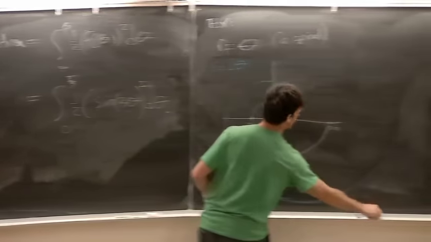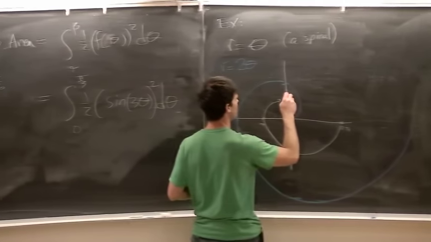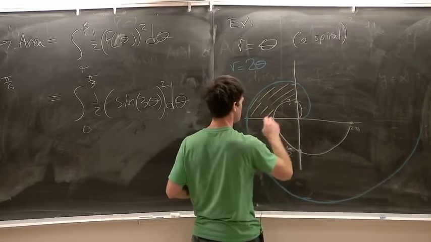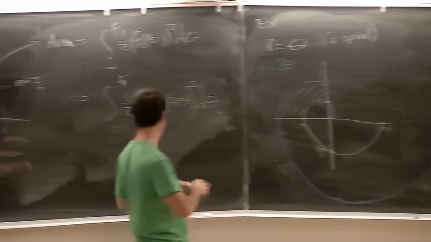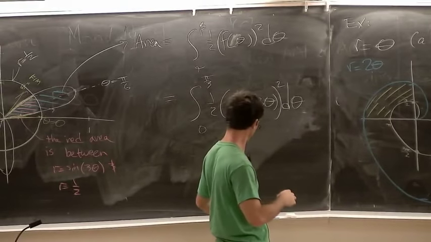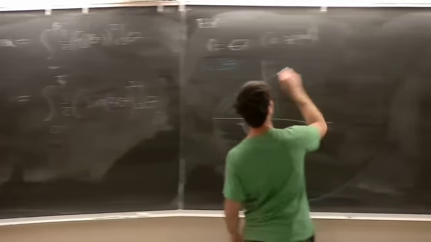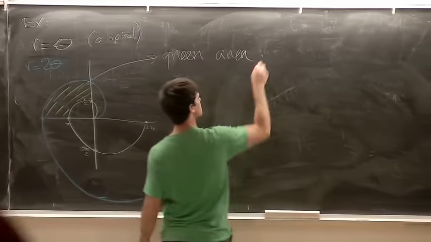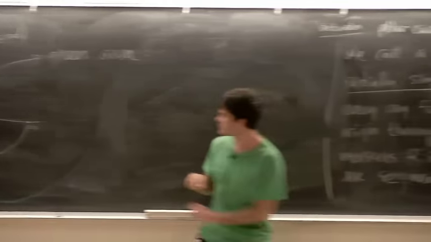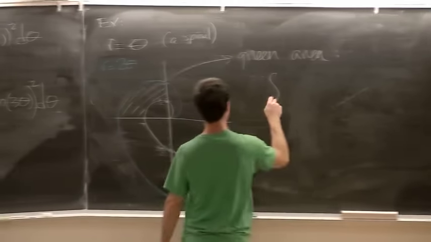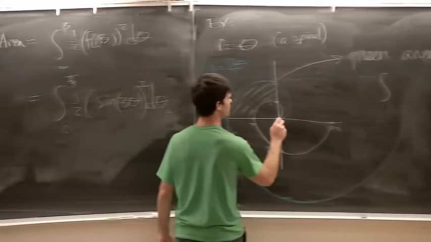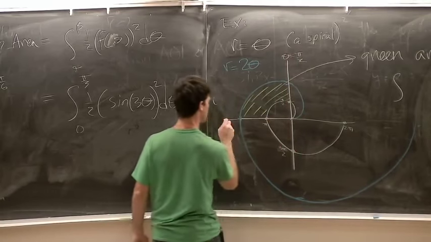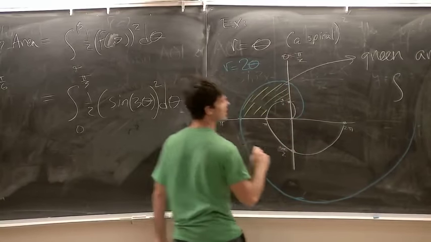And if I wanted to calculate, let's say, how about this area right here, then the green area here, according to the new formula, it'll be the integral from, so my angle starts at theta equals pi over 2 and ends at theta equals pi.